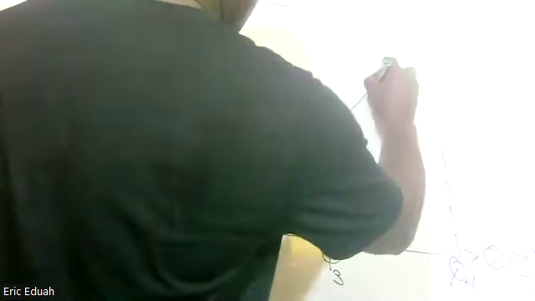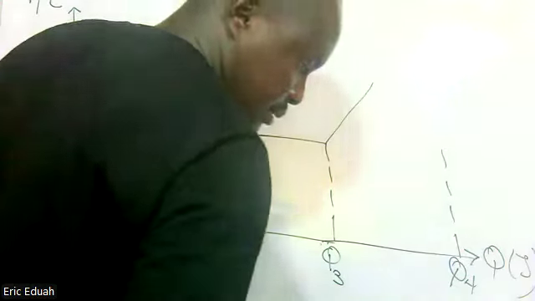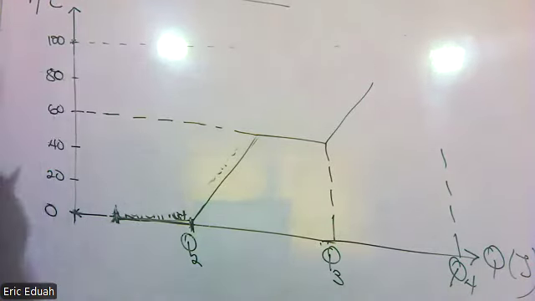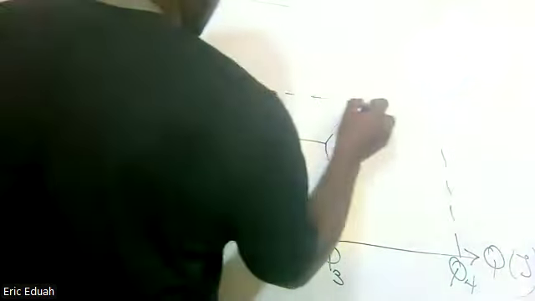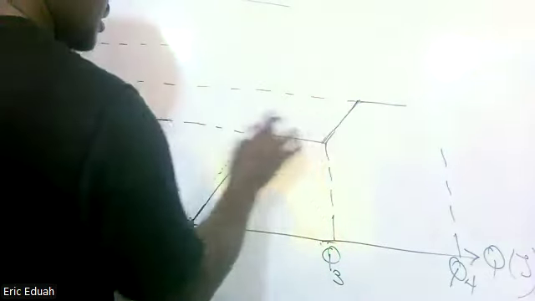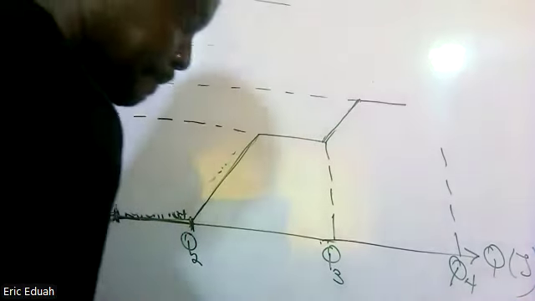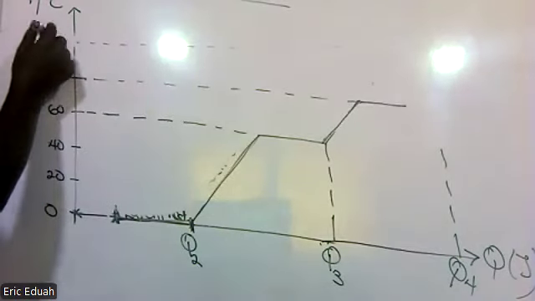Then another one is here, and this is at a temperature of 80. I'm just sketching the graph using the same graph I have. Then to 90. This is 90.